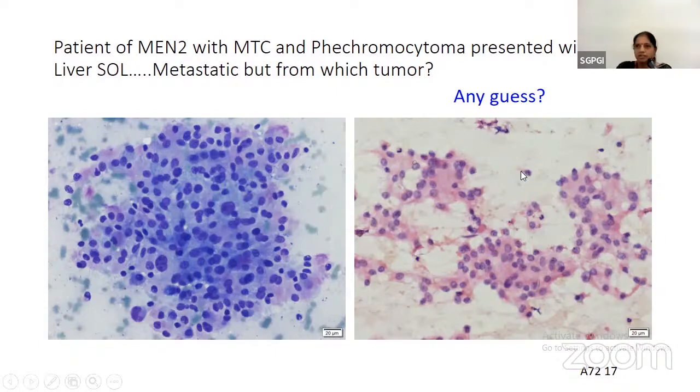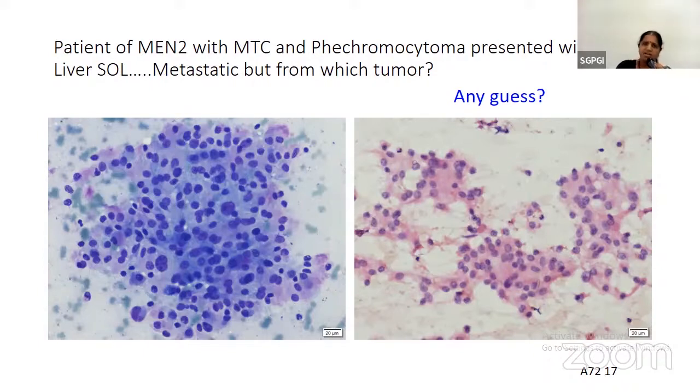So it's very difficult in this situation, and that is where making a cell block is so important. At least in our department, since the days of Sir, we have always done a cell block for more than two decades now, that whenever we do an FNAC, almost invariably there's an accompanying cell block.